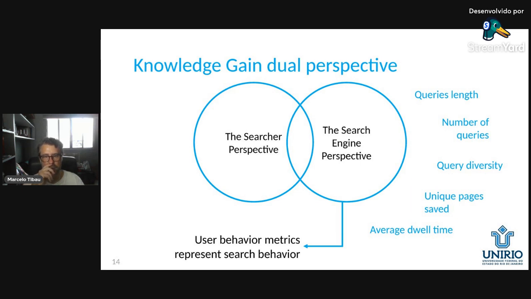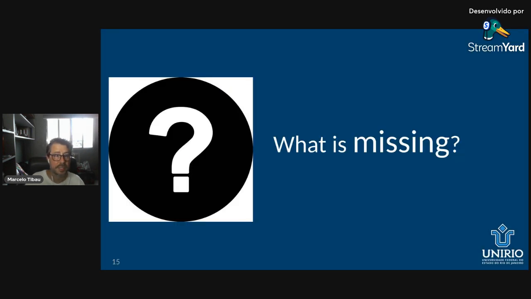But in my opinion, user behavior metrics, first of all, there's nothing wrong to use that. But I think it's not enough when you're considering that there is a cognitive aspect to it. So I ask, what is missing?